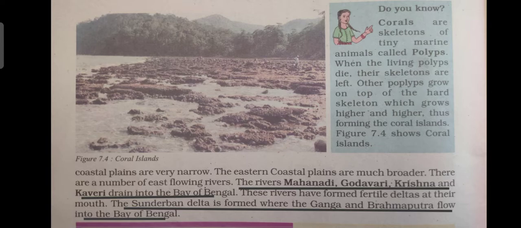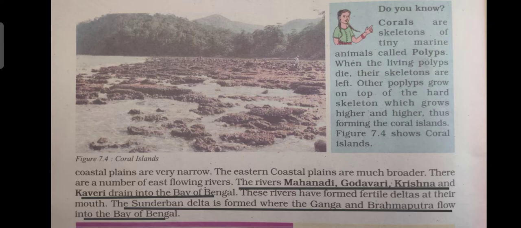So children, coastal plains are the plains found just beside the sea coast. So we have two coastal plains. One is on the west and second is on the east. Now to the west of Western Ghats and the east of Eastern Ghats lie the coastal plains.